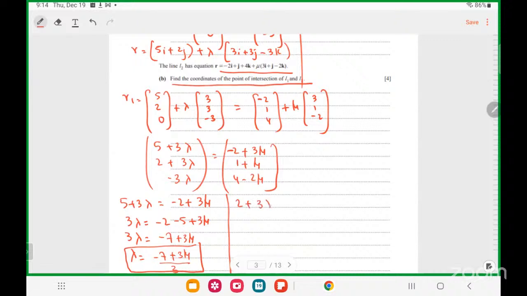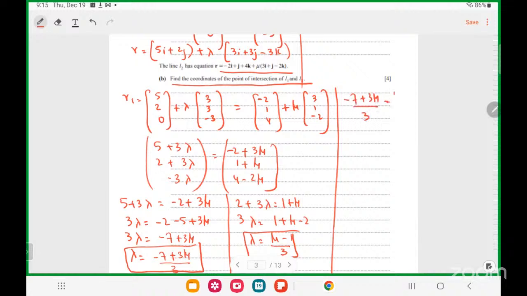2 plus 3 lambda is 1 plus mu. 3 lambda is 1 plus mu minus 2. Lambda is mu minus 1 upon 3. In both the equations, I have made lambda the subject of the formula: minus 7 plus 3 mu upon 3 and mu minus 1 upon 3.